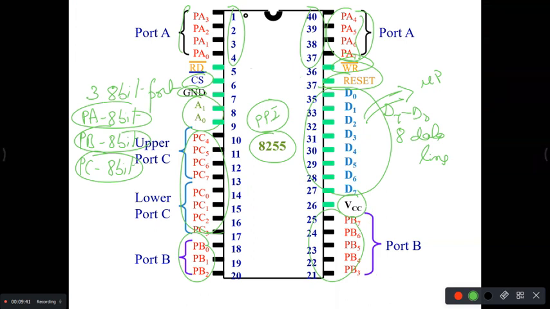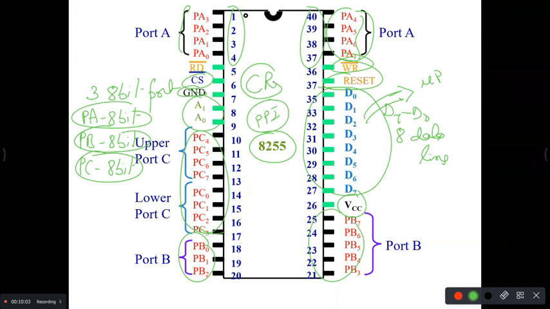Right? I told you that inside this there is a control register. That's an 8-bit register inside. That's also storage. Right? And you have a port A, you have a port B, you have a port C. So there are 4 components in this where you can put the data.